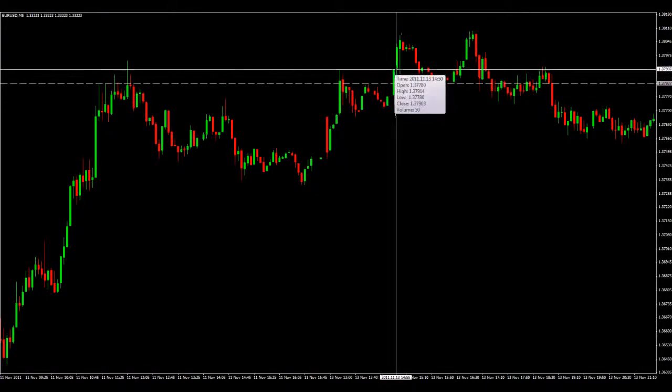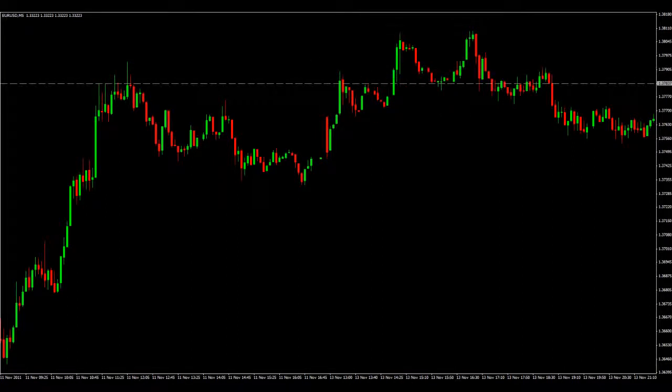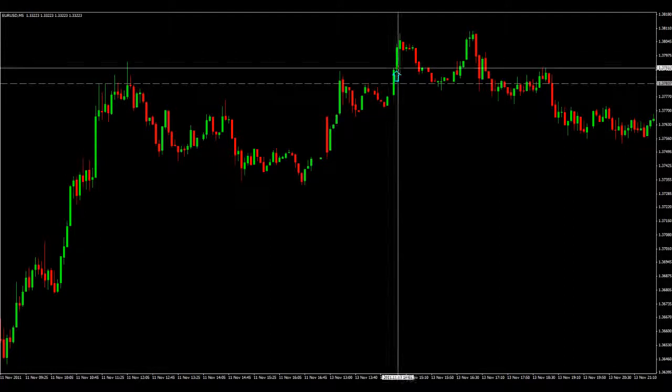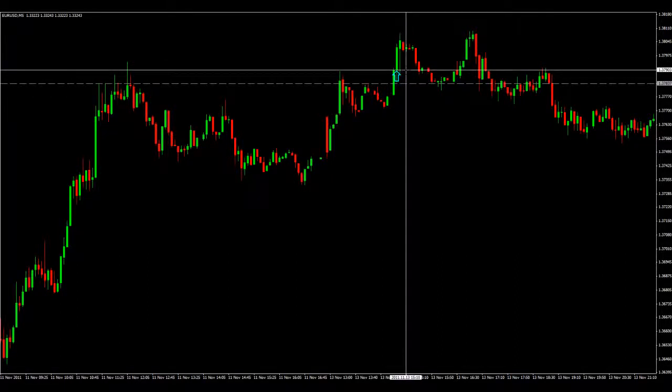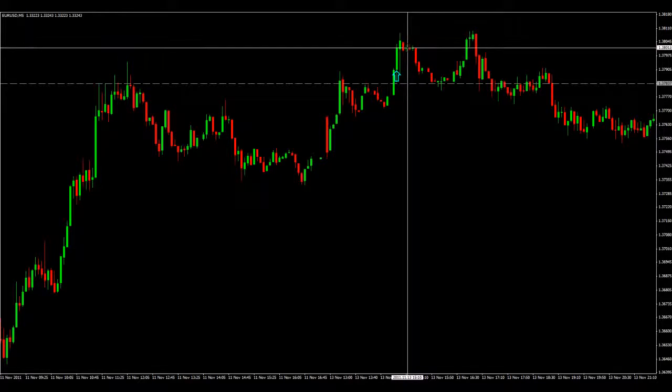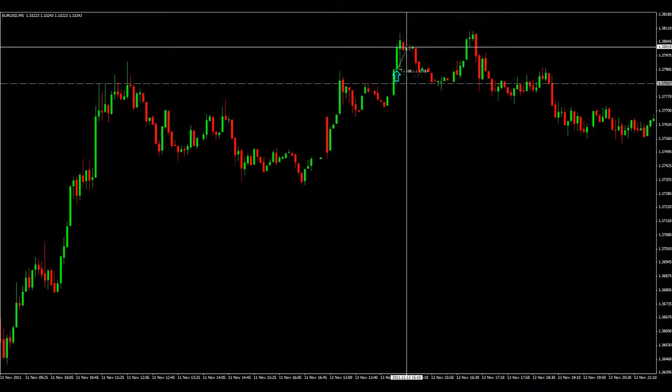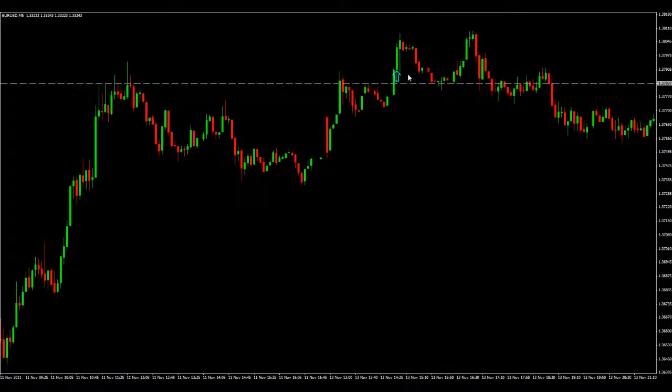So as soon as it broke up right here, we're going to be taking a call right there, and this is on the 55 bar. Our expiry would have been on about the 1510, so it would have been about an 11-pip win.